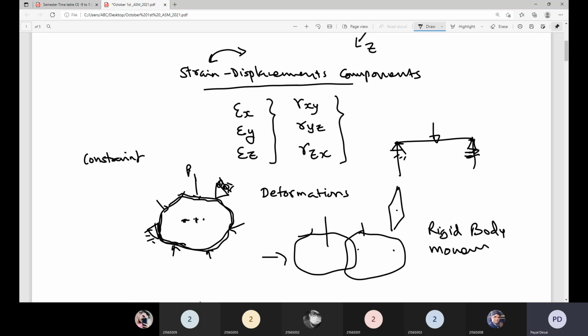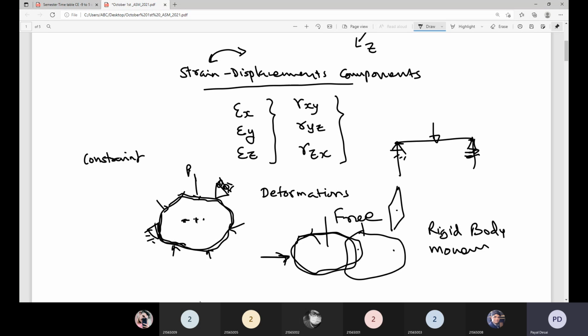Rigid body movement. What do you mean by rigid body? A rigid body is something where you apply force and the body is not constrained at all. It is completely free. It is not constrained and you are applying the force. That means there is a rigid body translation. The entire body will move from one place to another. But that will never happen in our case, right?